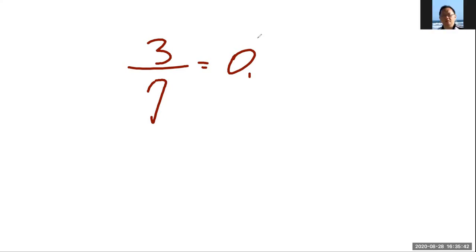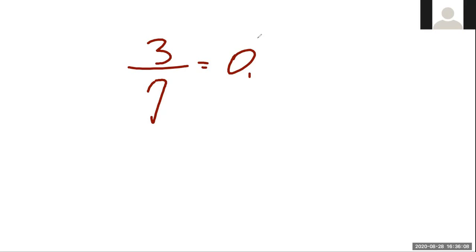What should be the number? About 3.42. How much? 0. What? About how much?